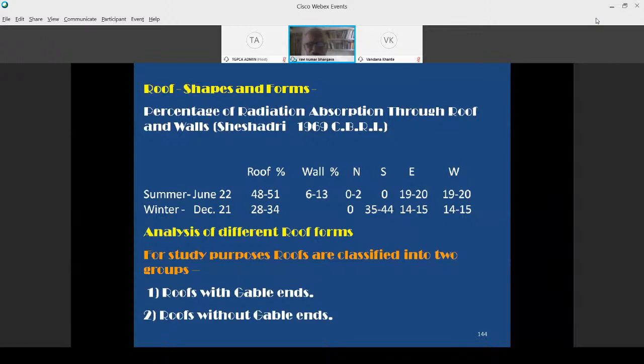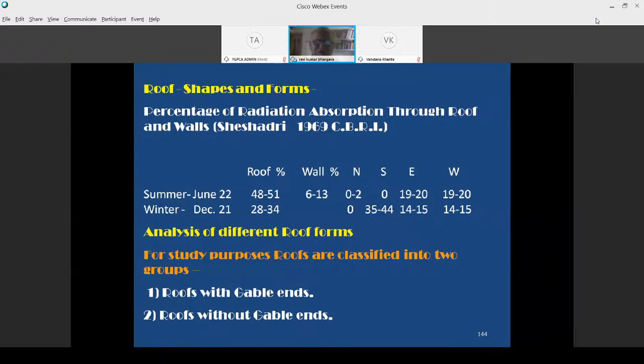In case of a lean-to roof, you will have to remove that before you undertake any construction above. Is it not? So, friend, we can analyze different shapes of roofs and study heat gain. Then we can come to a conclusion which shape is more preferred and which shape should be avoided.